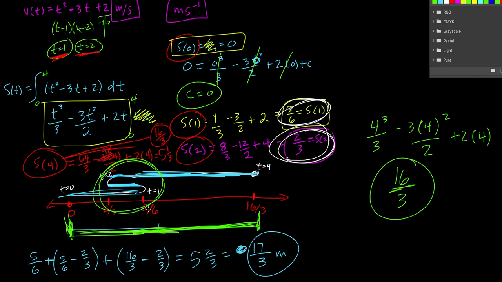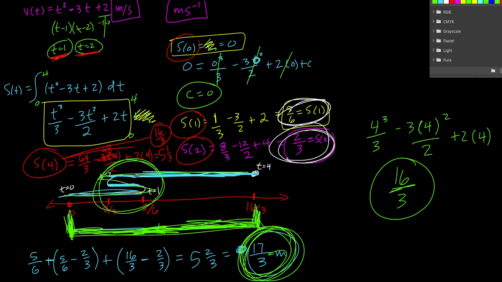Okay, so the total distance, when we go right, left, right, counting all of that length, is this. But if we just take the integral, it's only going to tell us from 0 to here, and we don't really care what happened in between. We kind of look at the beginning and the end. We see the change from the beginning to the end.